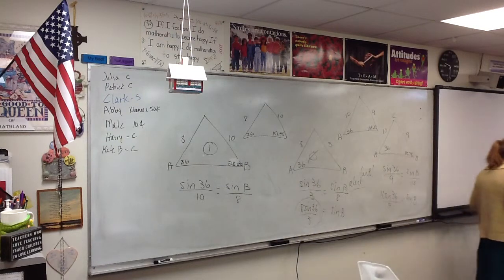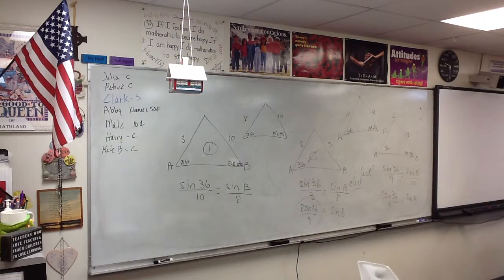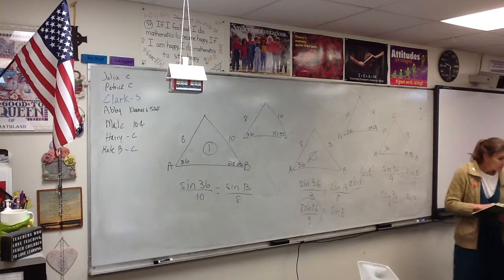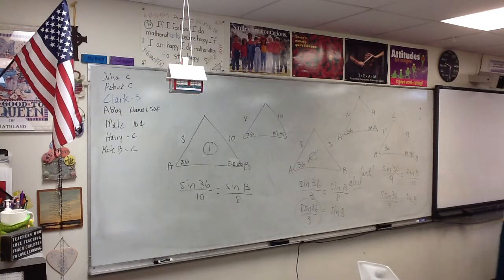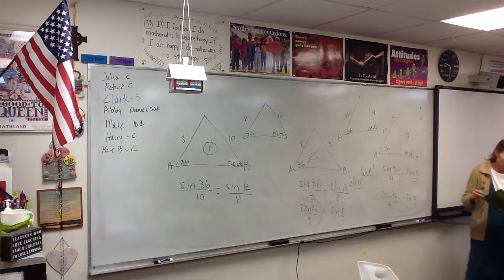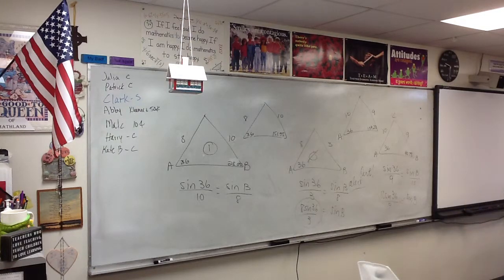Tonight's homework is in the book. I want to call your attention to problems on page 484, 13 through 18. The directions for 13 through 18 are exactly what you just did.